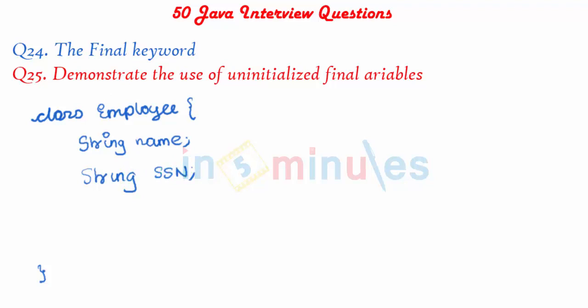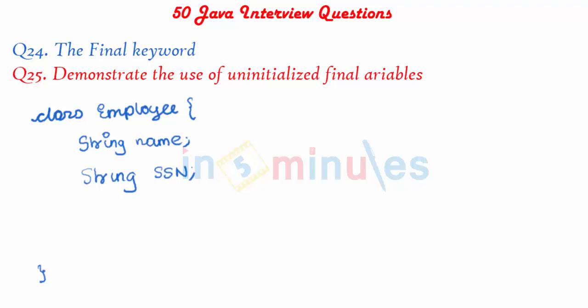So what exactly is a social security number? In the United States, a social security number is nothing but a 9-digit number issued to US citizens. And generally they don't change. So now here's the key point. It doesn't change. So if we know that the social security number is not going to change, then why not declare it final? But at compile time, we're not going to feed in data of, let's say, 1,000 employees.